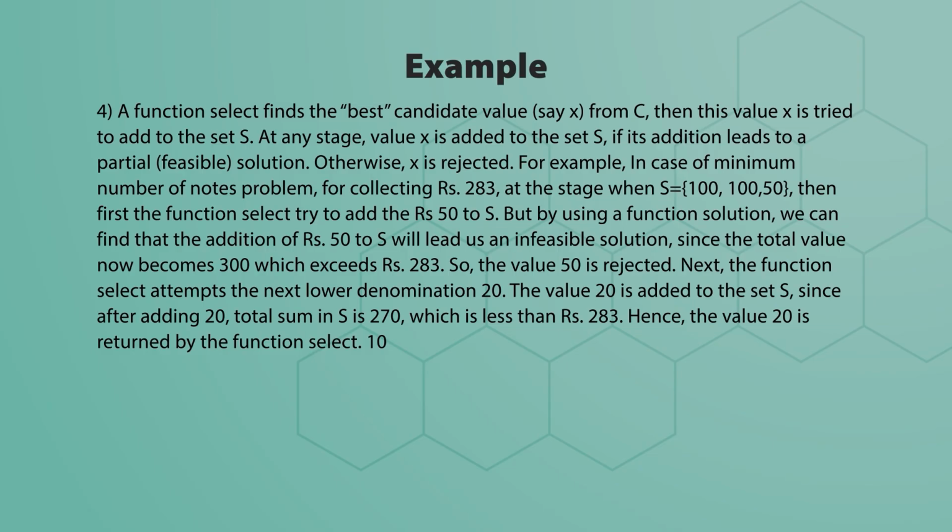But if it is not leading to a solution, then you can simply discard it. Similarly, if we select a 1000 rupees note or a 500 rupees note, it will be directly discarded by the select function, because it is leading to an infeasible solution, as it is becoming greater than 283.